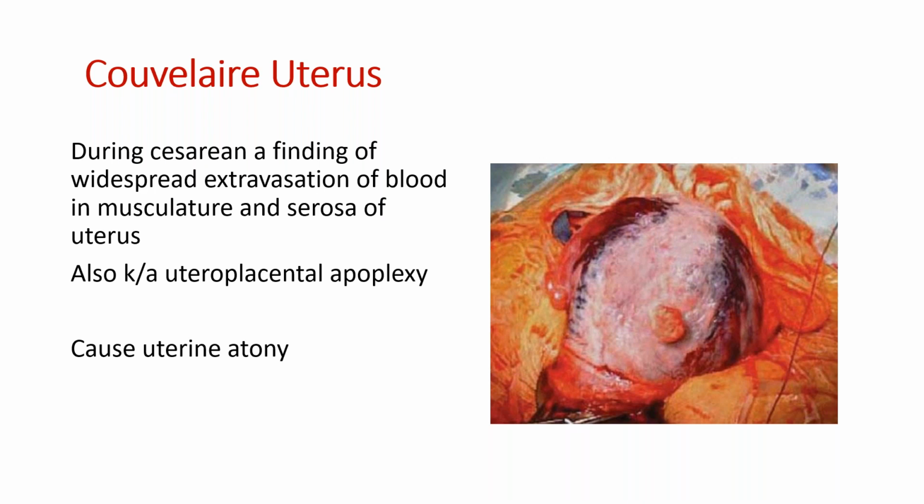Why are there chances of PPH? Because the uterine musculature is in a crisscross fashion, and whenever there is a hematoma, it hampers the contractility of those muscle fibers. So it leads to PPH.